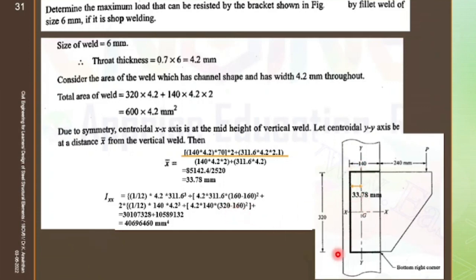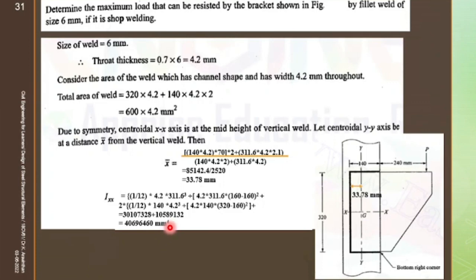So 320 minus 160 will be this height, which will be 160 square. Now the flange section is over. For the web section, what is the breadth? B is 4.2, D is the overall depth, 320. So your Ixx will be 40 into 10 power 6 mm power 4. This will be your Ixx.